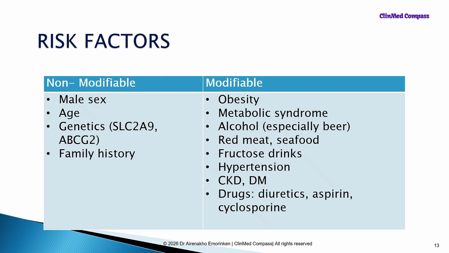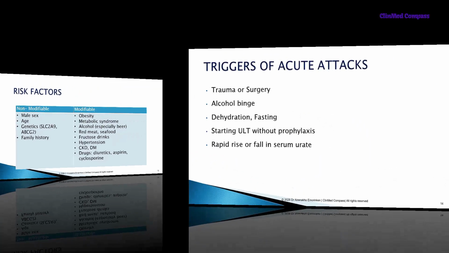Modifiable include factors such as obesity, metabolic syndrome, alcohol, especially beer, high intake of red meat and seafood, fructose-sweetened beverages, hypertension, chronic kidney disease, diabetes, and medications like diuretics, aspirin, and cyclosporine. As clinicians, our focus should be on modifying what we can. Lifestyle counseling, medication review, and comorbidity optimization can significantly reduce gout risk and severity.